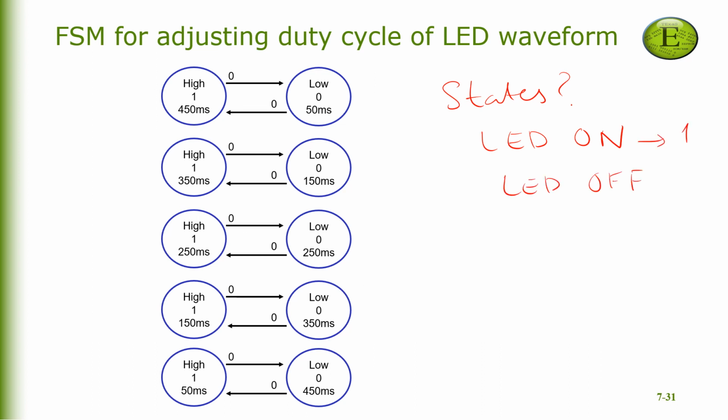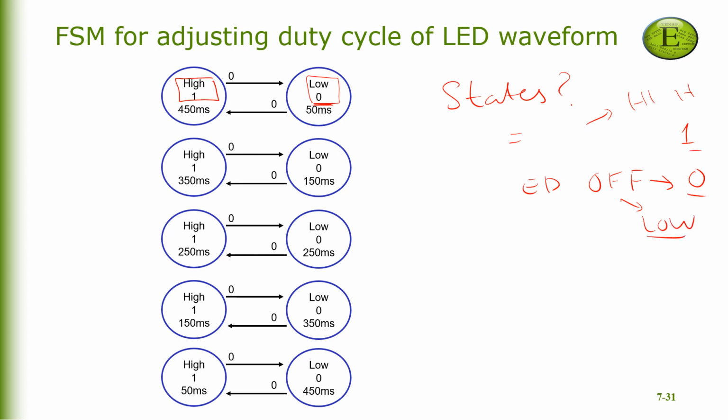And on corresponds to logic high and off corresponds to logic 0. So we have a state 0 or low, and we have a state 1 or high. So LED is on, so this corresponds to high state, and this corresponds to low. Or you can work with 1 and 0.